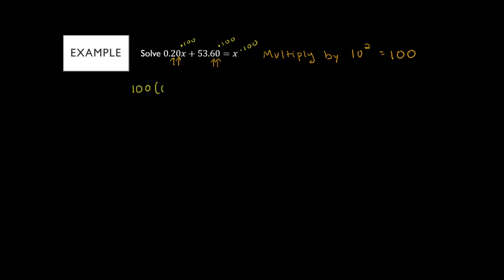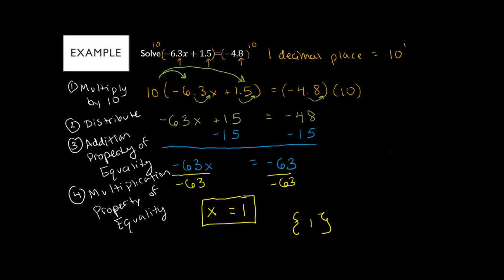And so you can write 100 times 0.20x plus 100 times 53.60 equals 100 times x. So sometimes some people prefer to show their work that way versus showing it with distributing like I did.